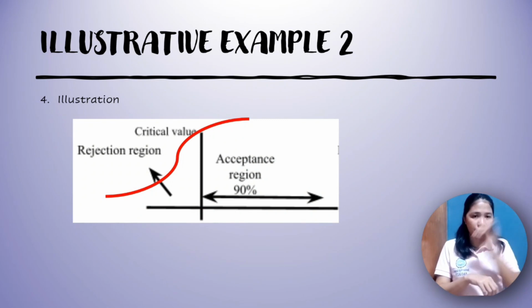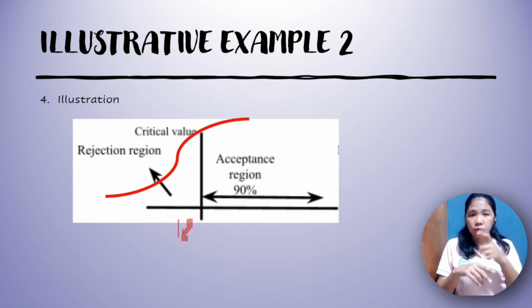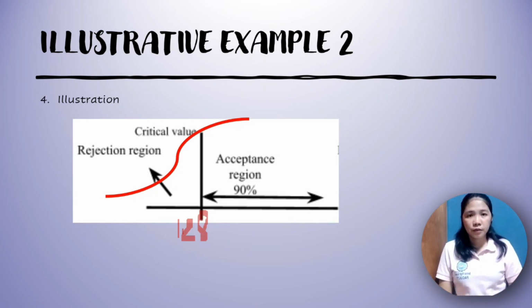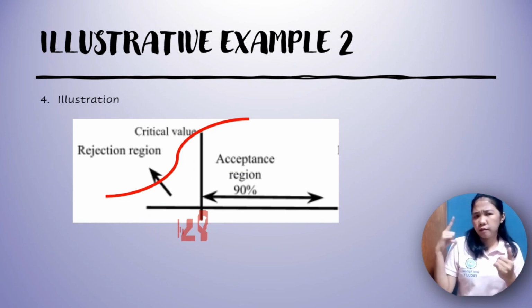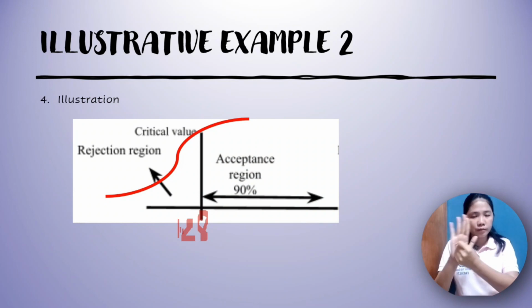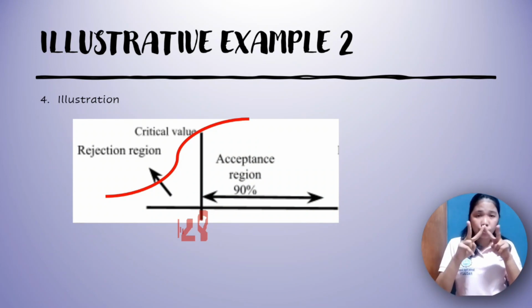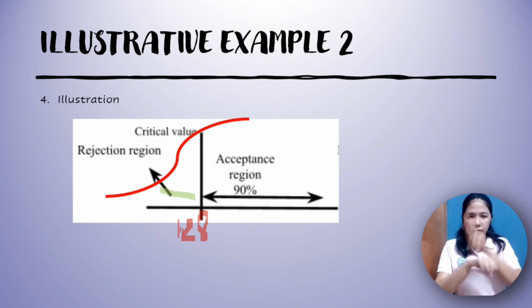The critical value that we had a while ago is 1.28. Now, why is it located on the left side? Because we make use of the less than symbol. Okay, so from the critical value going to the left, this is our rejected region, the shaded part.